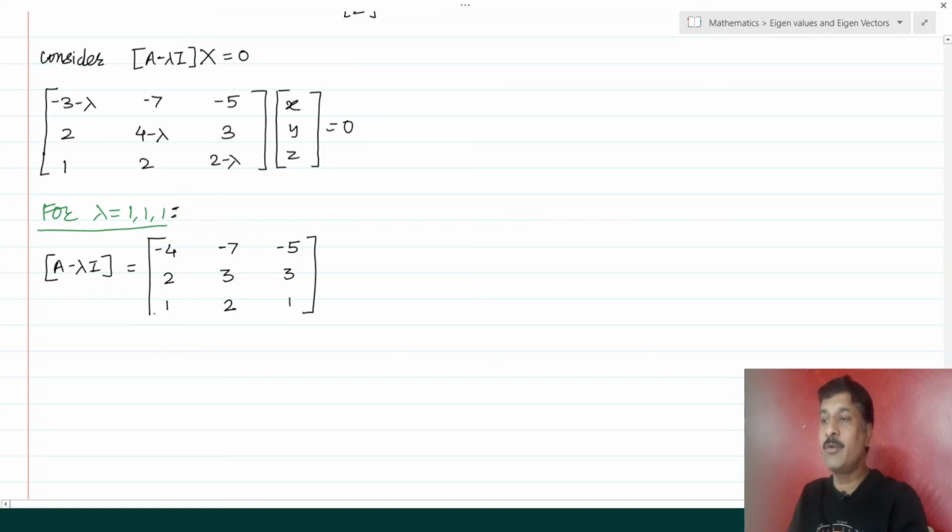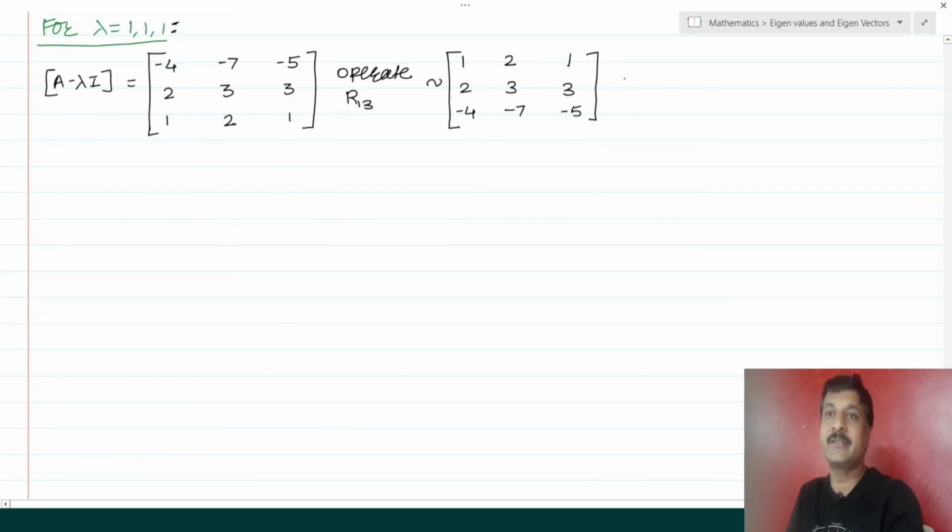Now we want to find the rank of this. So operate to get the echelon form: R13, that means interchange the first and third rows. So I am getting here 1, 2, 1; 2, 3, 3; and -4, -7, -5.